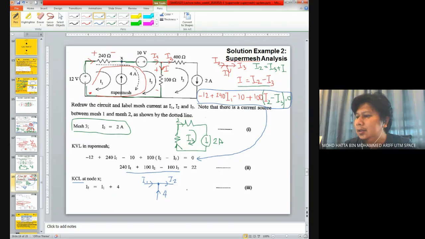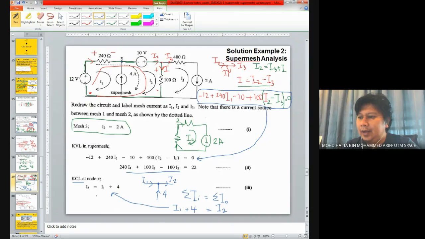Setting up Kirchhoff current law, sum of I in equals sum of I out. I in in this case is I1 plus I4, and I out is I2. So that is how you get this equation.